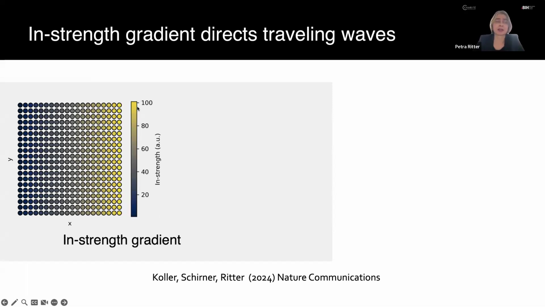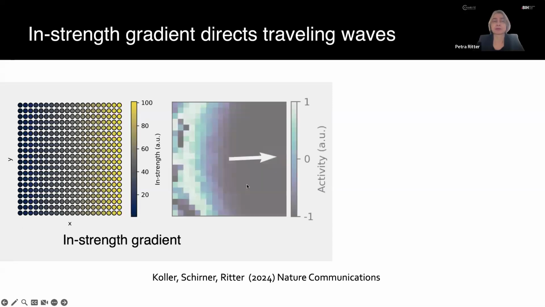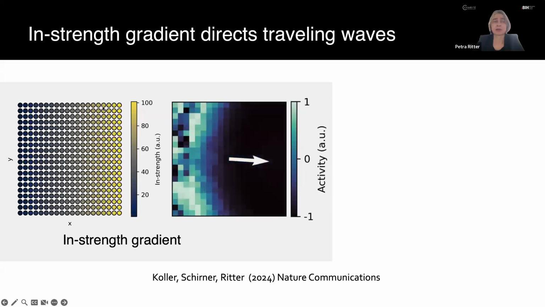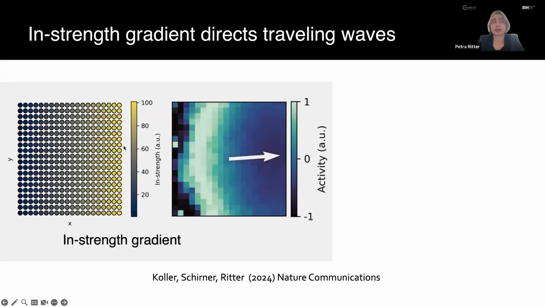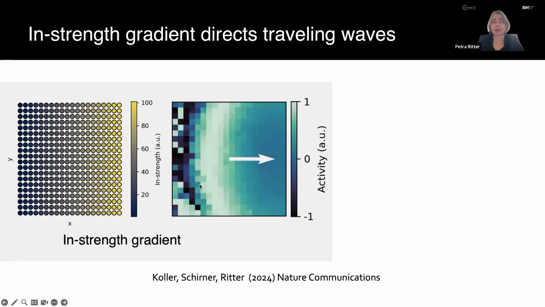The in-strength is indicated here by this color code from low in-strength to high in-strength. And when we now simulate such a network or grid of coupled oscillators with an in-strength gradient, we see that this grid clearly generates traveling waves.